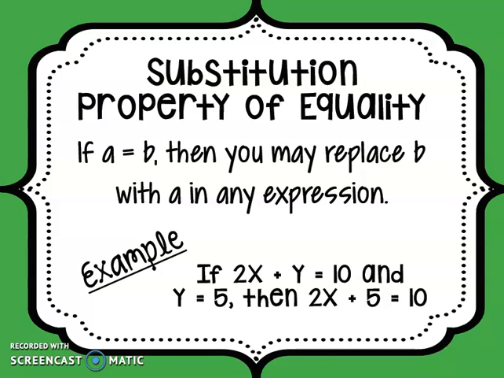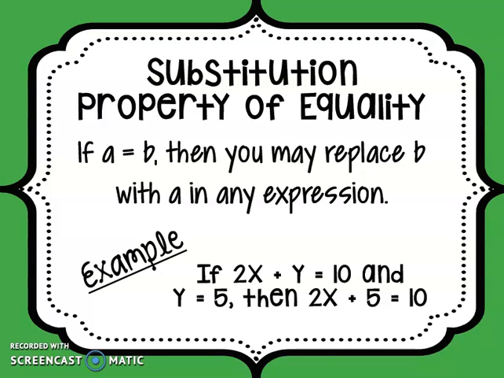Substitution property of equality. We talked about substitution when we solved systems of equations. The substitution property of equality just says that if you know that the value of A is 5, then you can substitute 5 in place of A throughout the problem. We talked about this thinking in terms of sports, a substitute or a sub in sports.